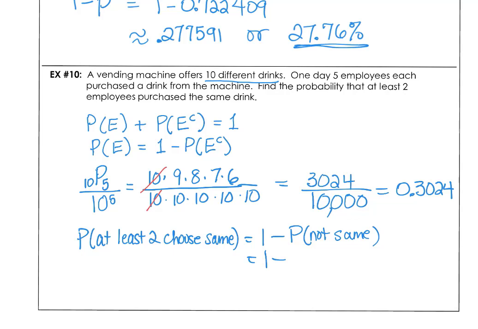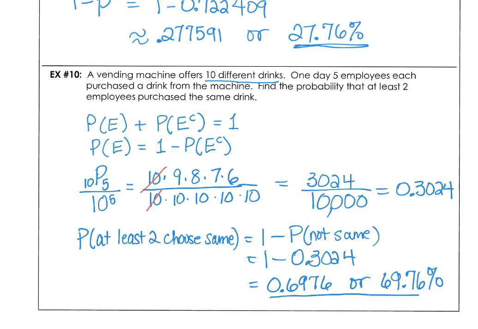So 1 minus 0.3024 tells us that about 70% of the time, or 69.76%, at least 2 people are going to buy the same drink. And here we are at the end of chapter 12.